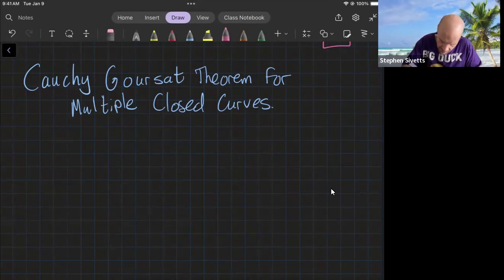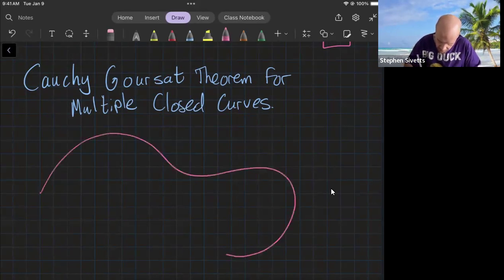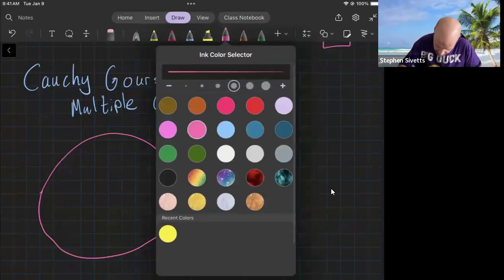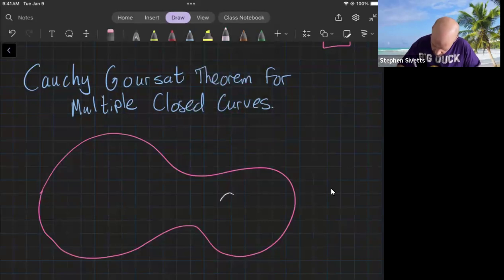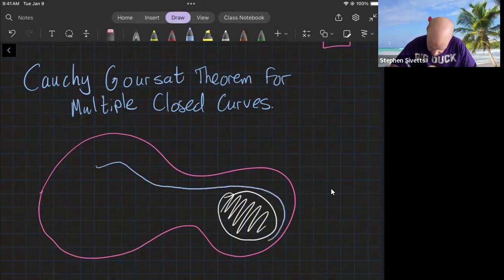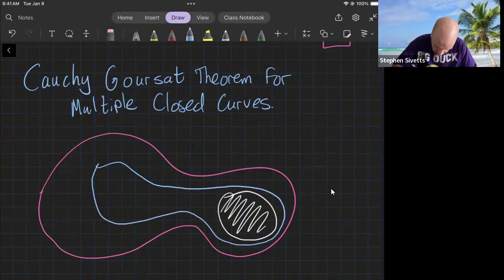So if we have an example of a domain like this, with a region where the function is not defined, let's say there, okay? And suppose we have some closed contour C right here, okay?